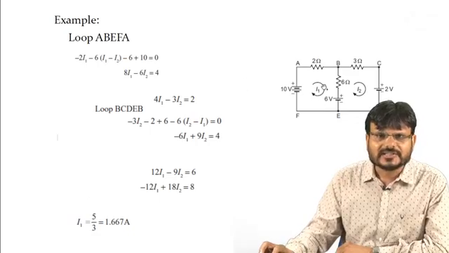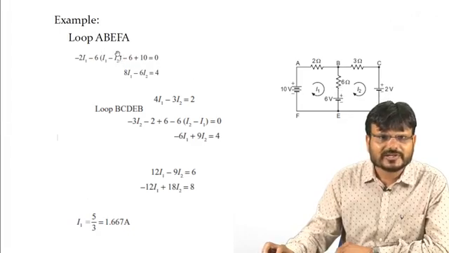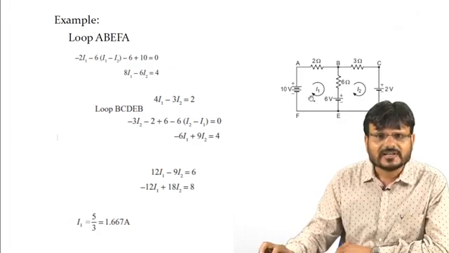So it can be written as minus 6 (I1 minus I2), the voltage drop across the 6 ohm resistance. Again, because there is a plus to minus, there is also a drop, denoted as minus 6. Again this is minus 2 plus, so it can be written as plus 10. So after solving this equation, you can write 8 I1 minus 6 I2 is equal to 4.